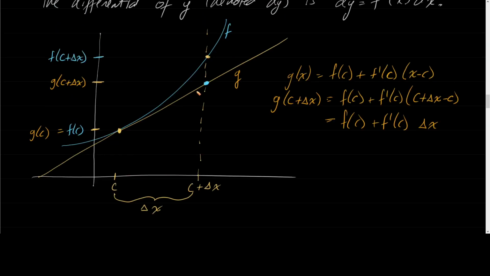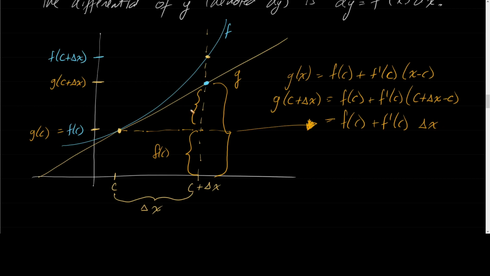That tells us this height. This here is this height, f of c, or g of c. And if this entire thing was g of c plus delta x, then instead of writing g of c plus delta x, maybe I should say this thing: f of c plus f prime of c delta x.